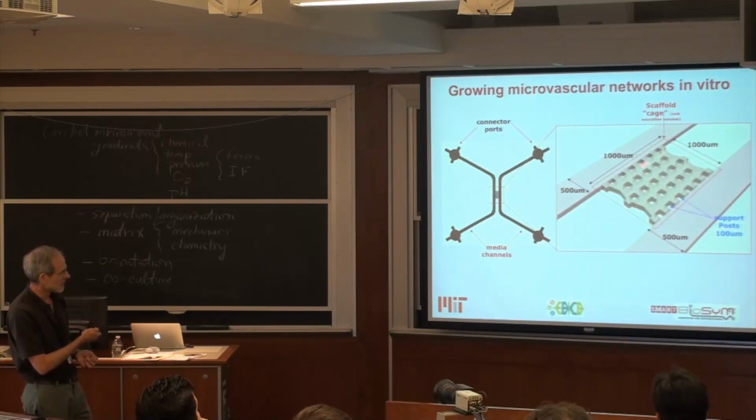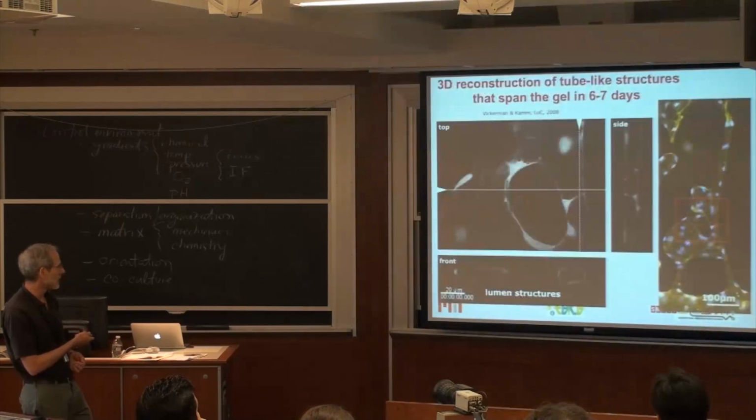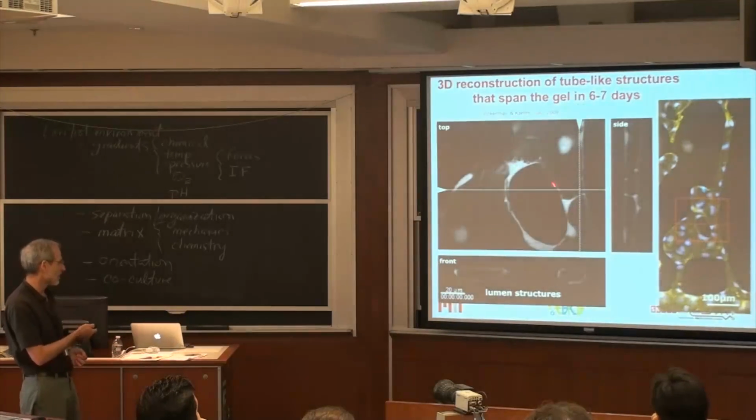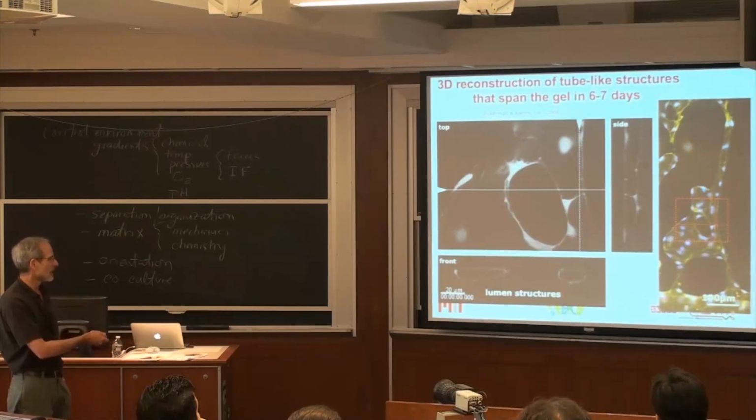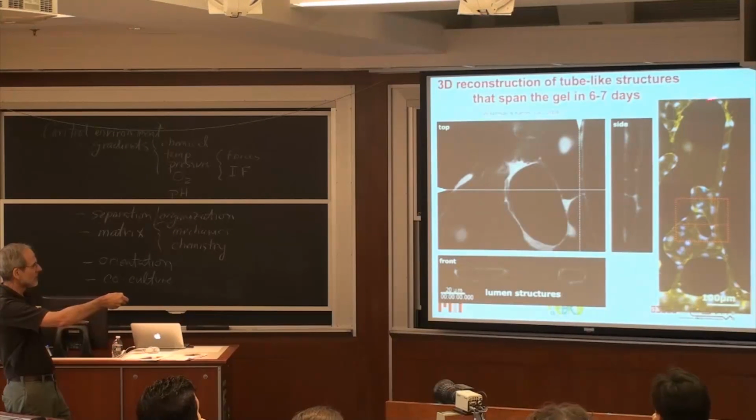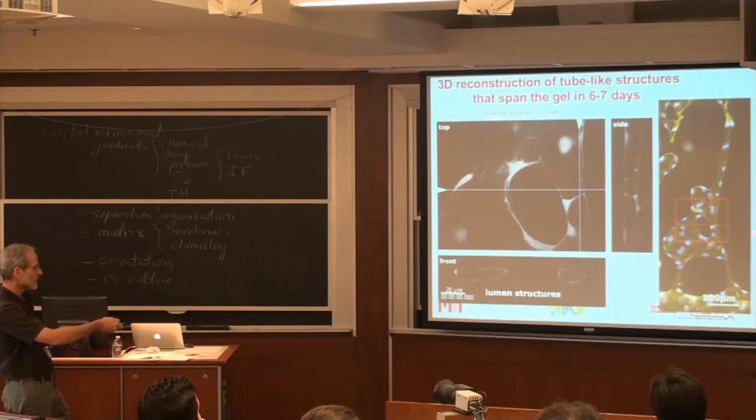So these were put in order to help stabilize the gel. But it turned out that the presence of these seemed to actually help promote the formation of vascular structures that went all the way across. So this is one channel. The other channel is just up here. You can just about see it. This is a confocal image of this region.